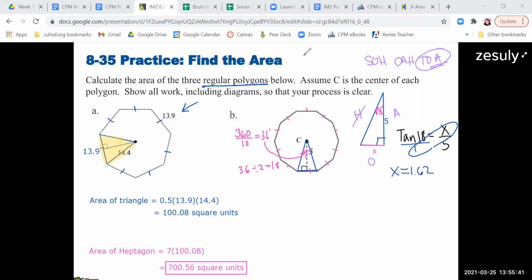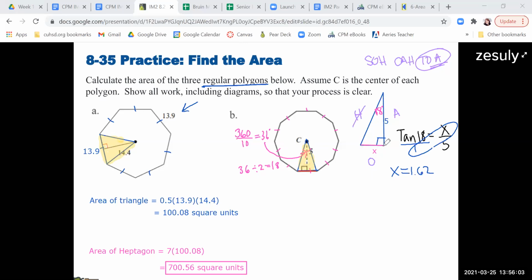So I'm going to use that 1.62 length to determine the base of the original triangle that we care about. Remember, the triangle we care about is this whole thing. This one over here is half of that.